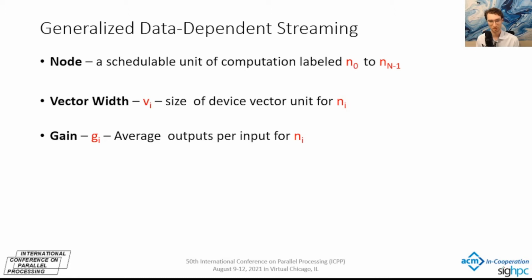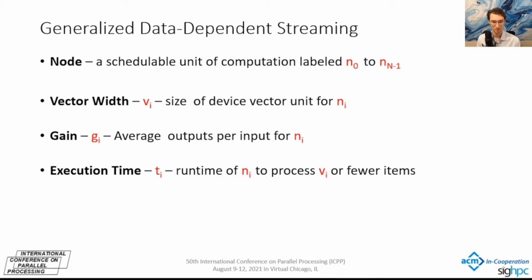The gain of a particular node is the average number of outputs per input for that node. Nodes are allowed to filter and expand input arbitrarily based on the content of the data packet they are processing. The execution time of a node is the time it takes to process V or fewer items.